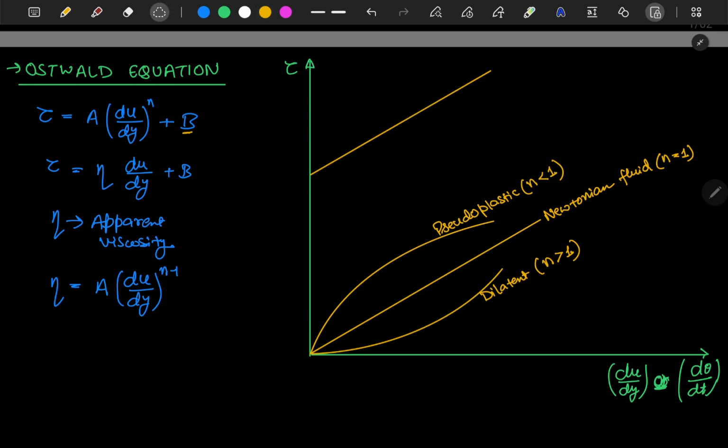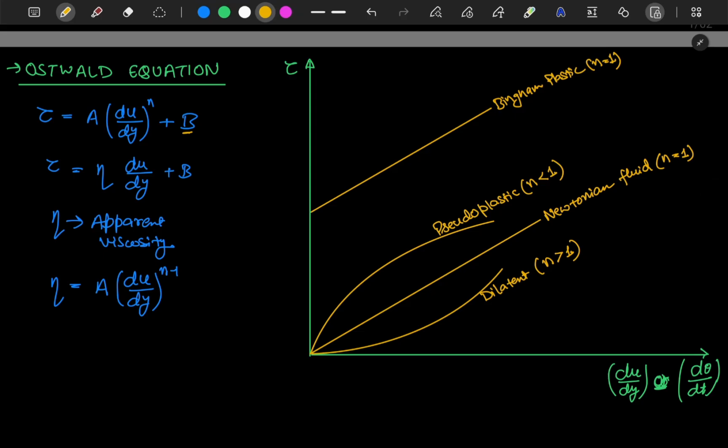So let me move it downward. This is your Bingham plastic, and Bingham plastic also has n equal to 1. Okay, these are basically time independent.